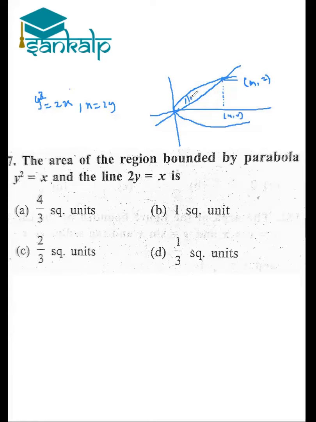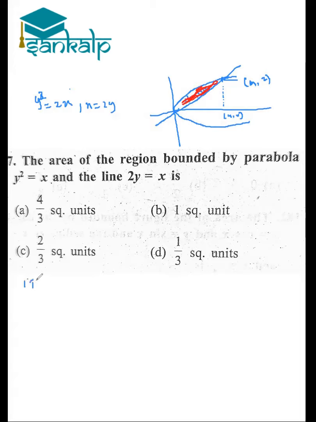So we need to calculate the area which is present between the parabola and the line. So this is the required area we need to calculate here. So to calculate the required area, we need to take the difference between the two curves' areas.